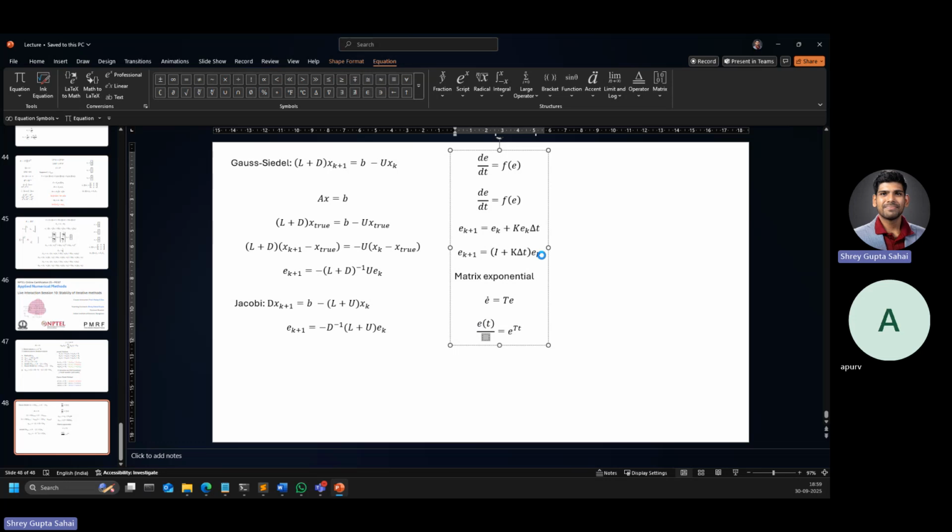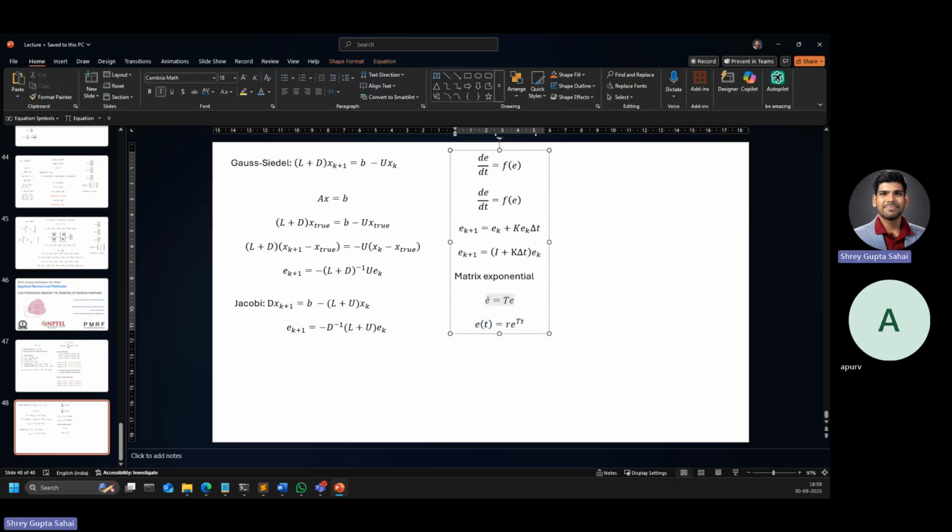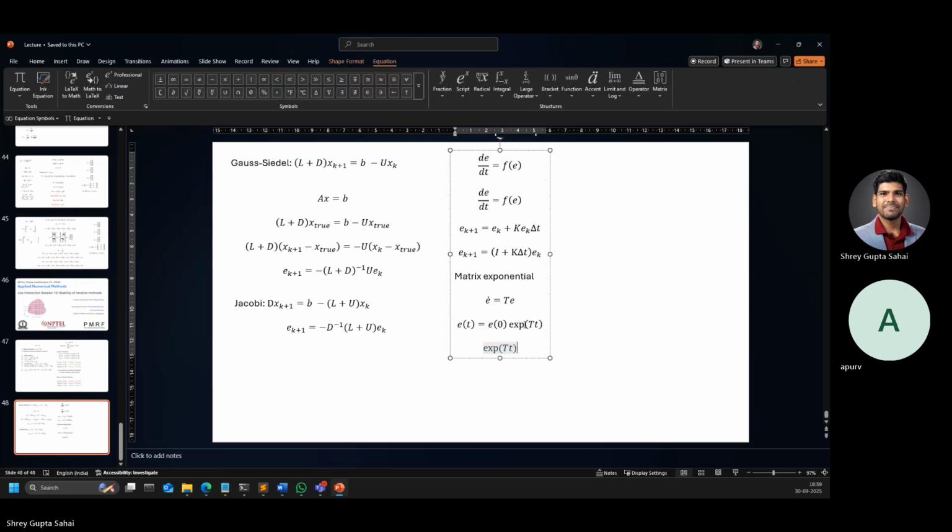Actually, this is not the correct way to use the notation, let me write exponential. E of 0 times exponential t of t, where exponential t of t is a matrix, because t is inside the argument of this exp.